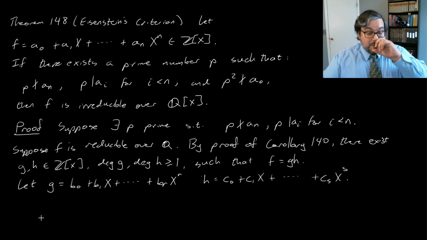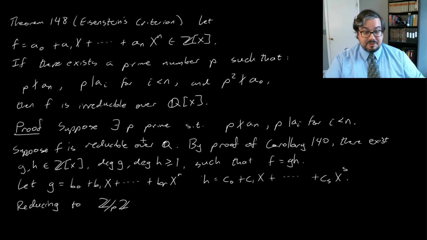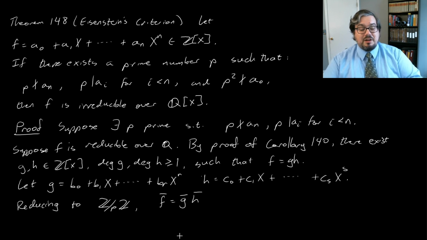So now we're going to reduce to Z mod pZ for this specific prime p that we're working with here. So reducing to Z mod pZ, we have that f bar is equal to g bar times h bar, where the bars indicate sending each of the coefficients to the ring Z mod pZ.